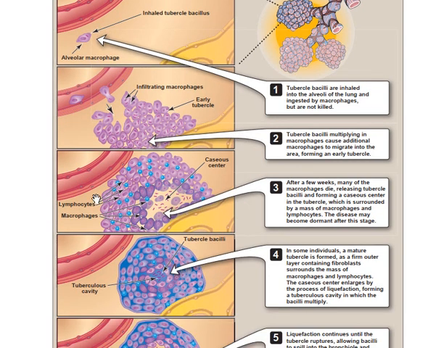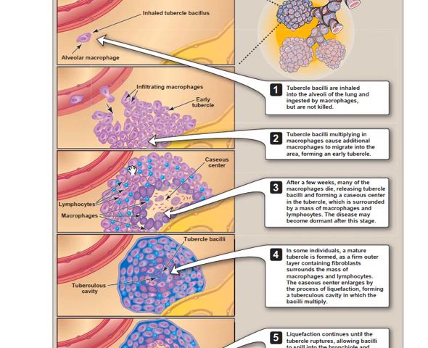Now, the lymphocytes realize that the macrophages cannot kill these bacilli. Is it clear? Since the macrophages cannot kill the bacilli, the lymphocytes now enter the immune response also, and they come into these early tubercles.